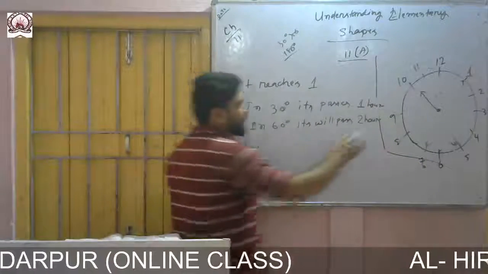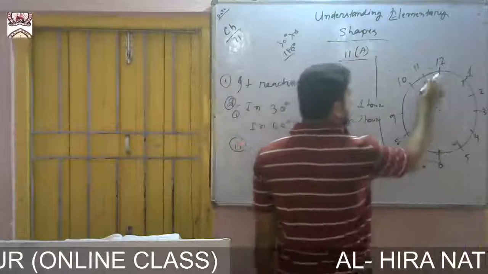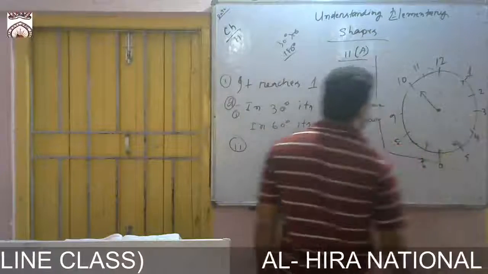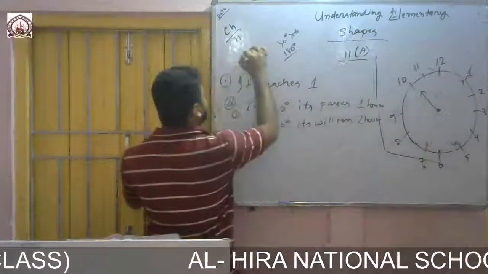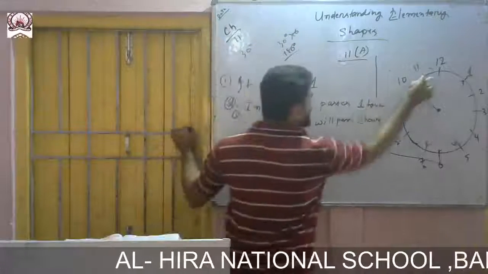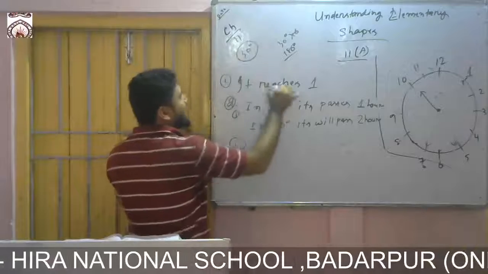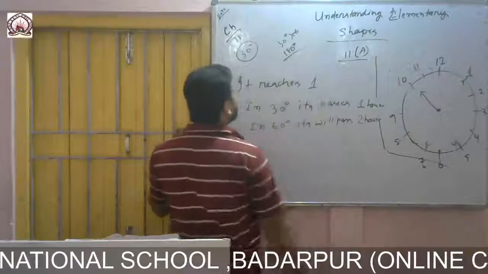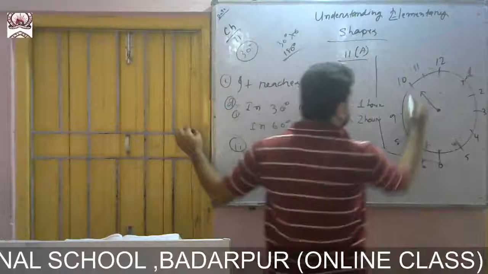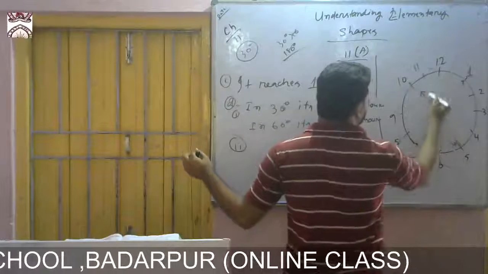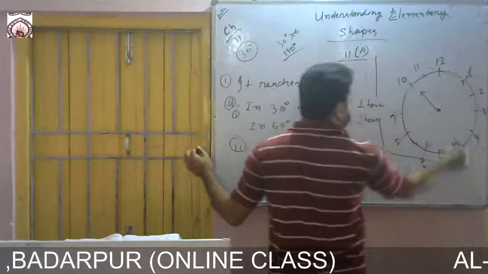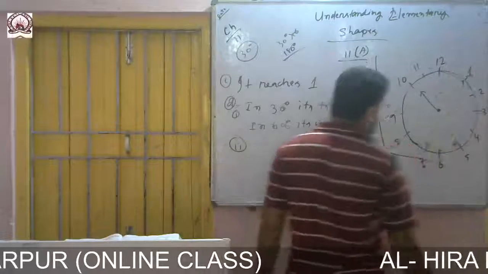So it will come at 4. From 10 if I come to here, 1 2 3 4 5 6. Because from one marking to the other marking it is 30 degrees. We need to go 180 degrees. So like this you can see, this one 30, 30 plus 30 is 60, 60 plus 30 is 90, 90 plus 30, how much?